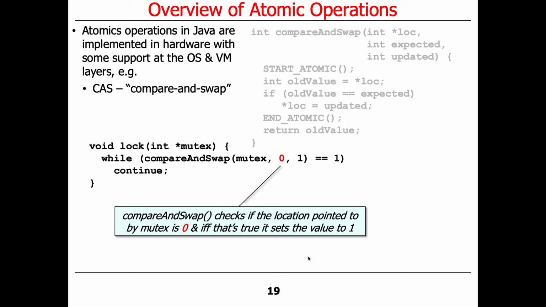So if the value is 0, then we want it to be atomically set to 1, which means true. So what we're basically saying here is, while we are unable to make this work, while the thing is locked, keep spinning, trying to set the value of 0 to the value of 1. That's what that means semantically.